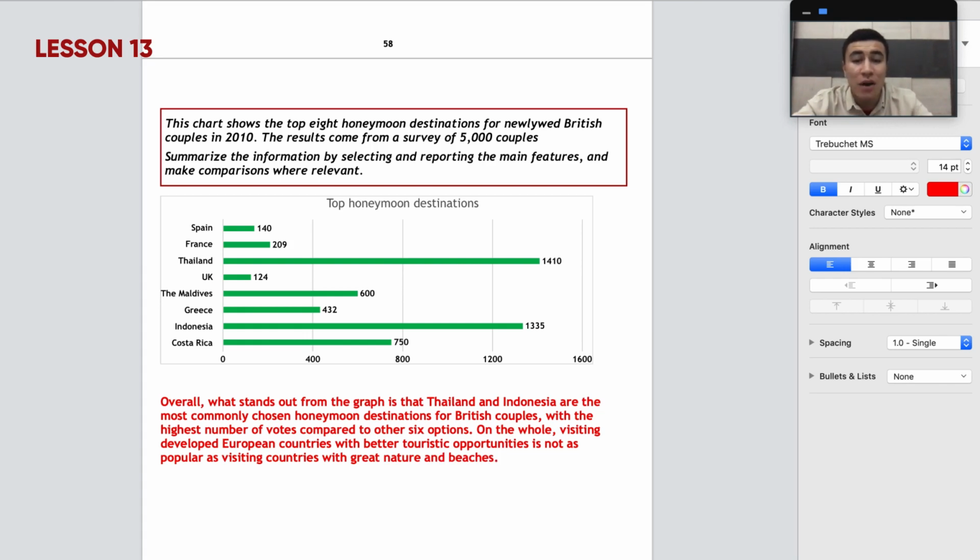So, on the whole, visiting developed European countries with better touristic opportunities is not as popular as visiting countries with great nature and beaches. So, this is how I decided to group these countries. Okay, I hope this was clear, and again, guys, you should practice more often to excel at writing.